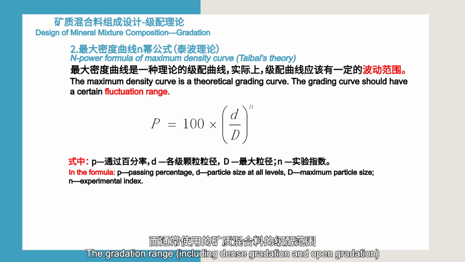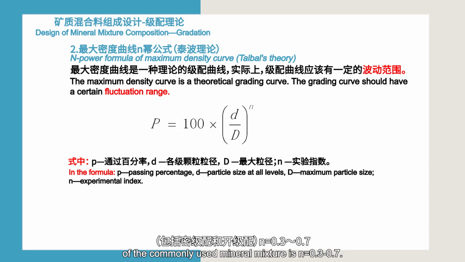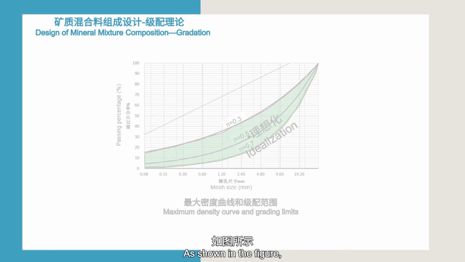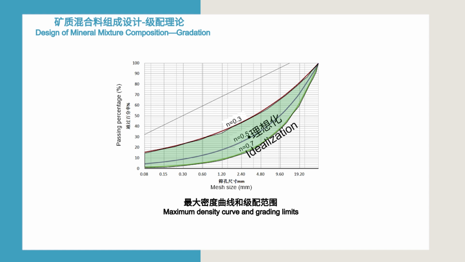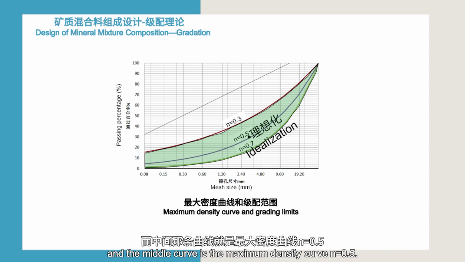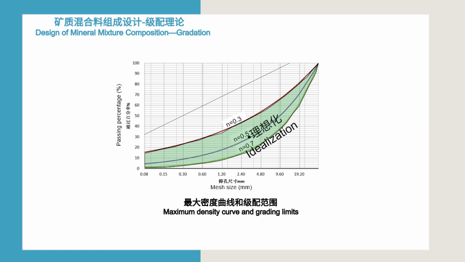The gradation range, including dense gradation and open gradation, of the commonly used mineral mixture is n equals 0.3 to 0.7. As shown in the figure, the green part is the gradation range of the mineral mixture, and the middle curve is the maximum density curve, n equals 0.5.